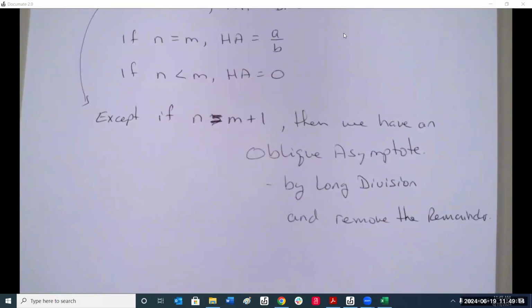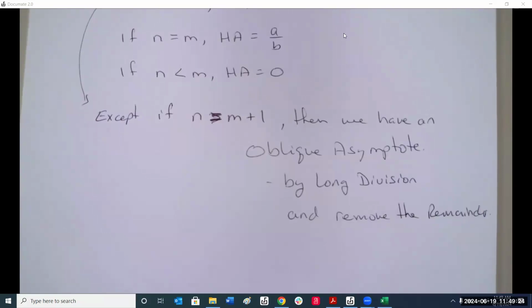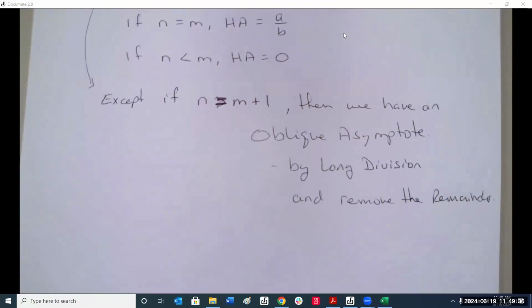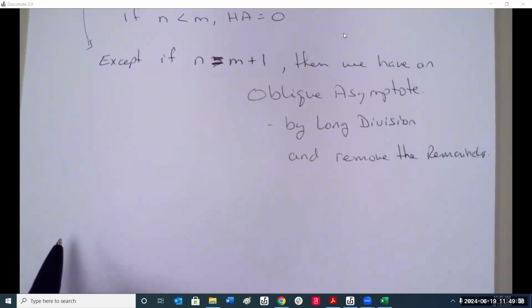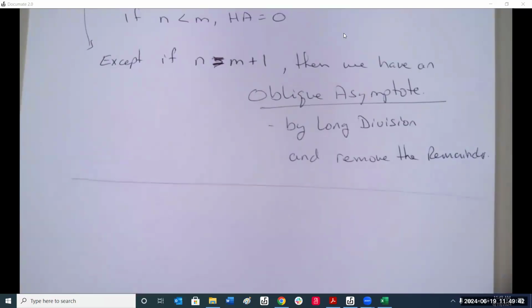That's only for the oblique asymptote, because we're going to look at another application of long division where we keep the solution part and we keep the remainder part, because both of those play a dominant role in what happens to the function. So that's oblique asymptote and that's horizontal asymptote.